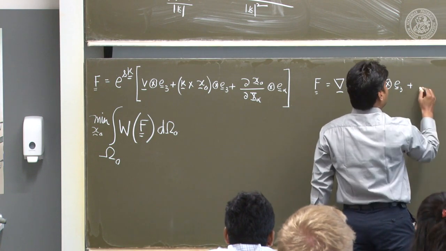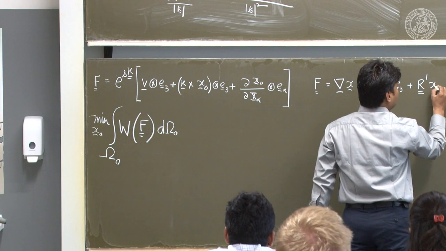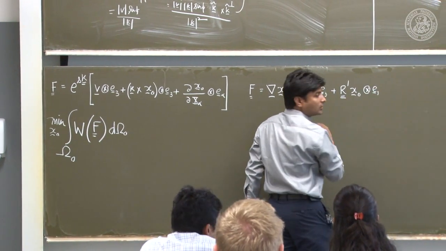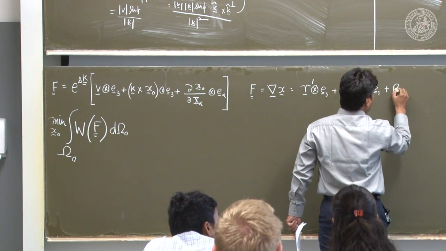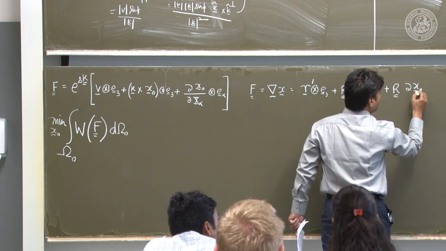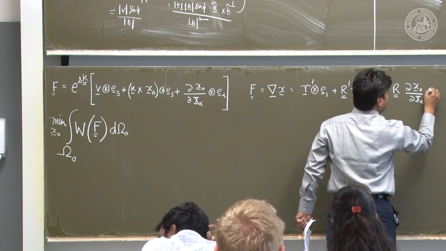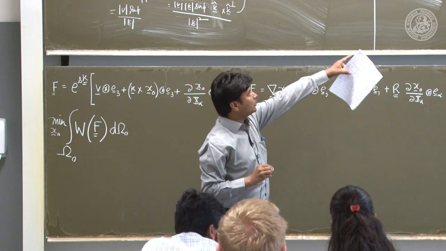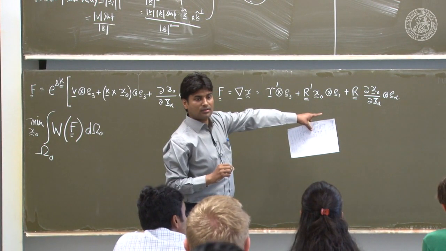Then look at the second term, which is big R prime little x naught tensor product E3, plus big R, then del of little x naught over del x alpha tensor product E alpha, because little x naught is only a function of x1 and x2, isn't it?